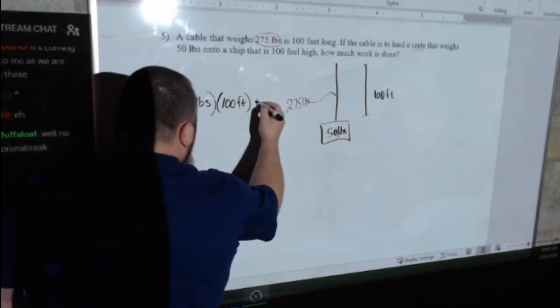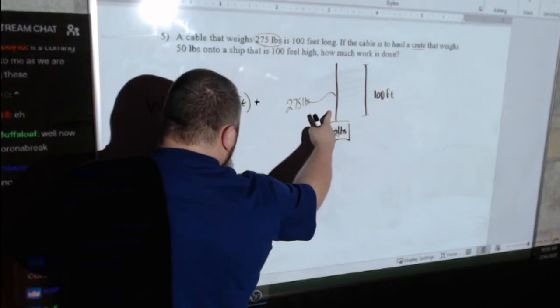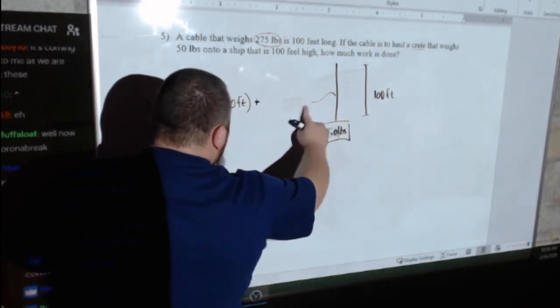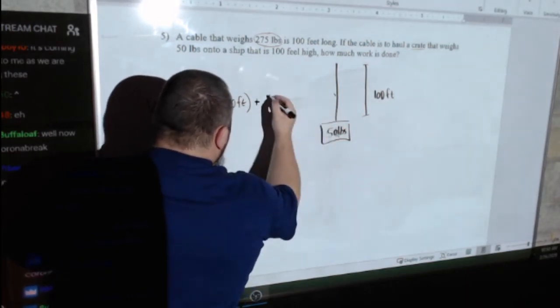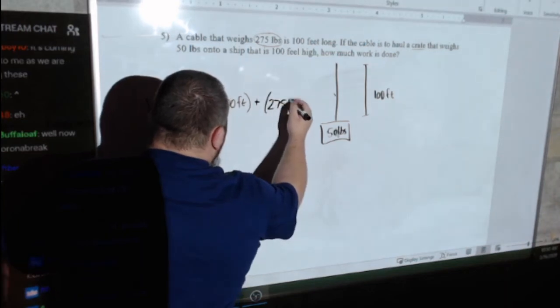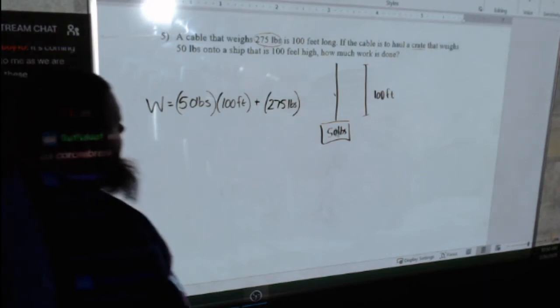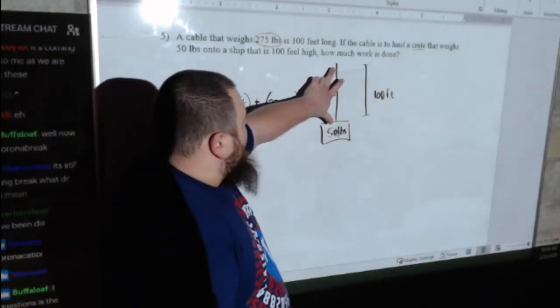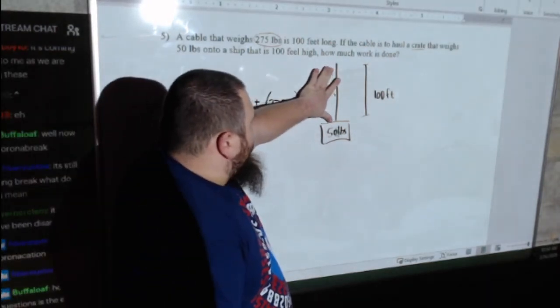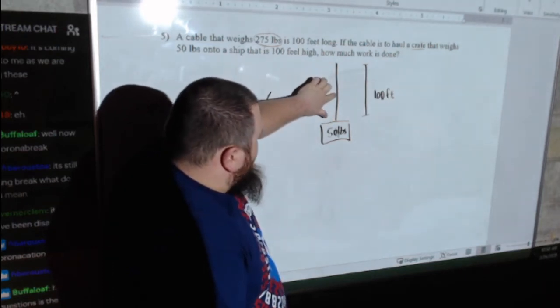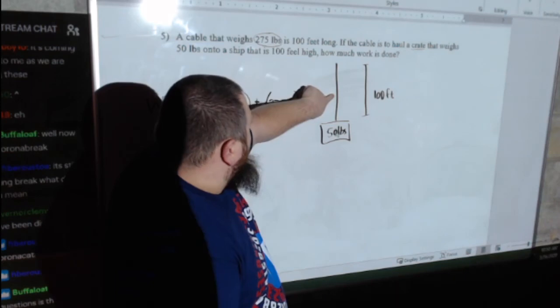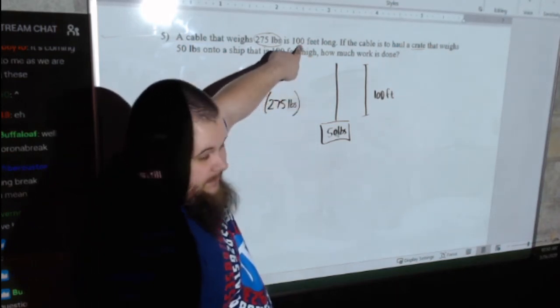And the cable is 275 pounds. But recall that we can use the fact that this is a uniform object, and I can model it with a center of mass, which would be half the distance.